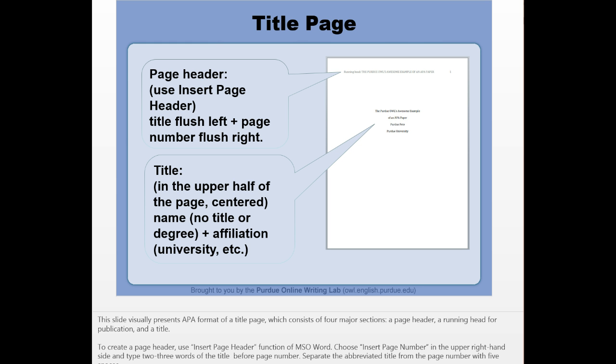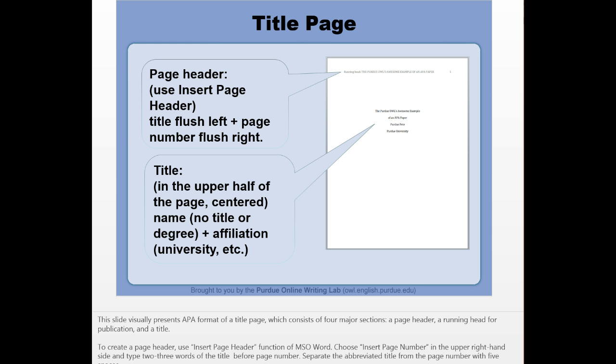And then in the middle portion of the page, you're going to have the title of the paper again. So on the first page of this APA formatted paper, the title appears twice. And that title may be multiple lines. It depends on how long it is. It's usually broken up so it truly is in the center of the paper if it is a longer title. Your name is going to follow next.